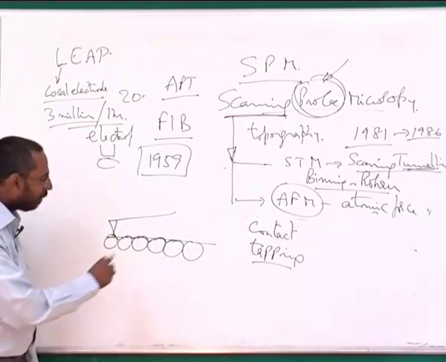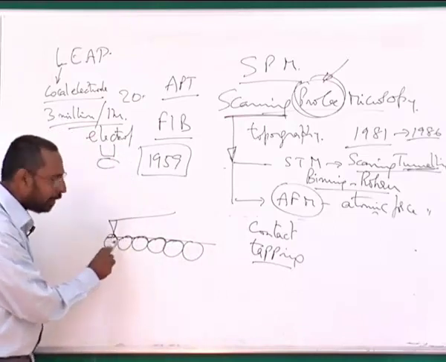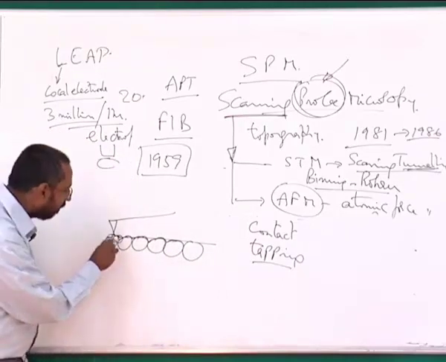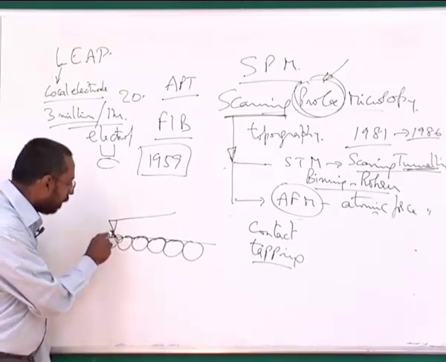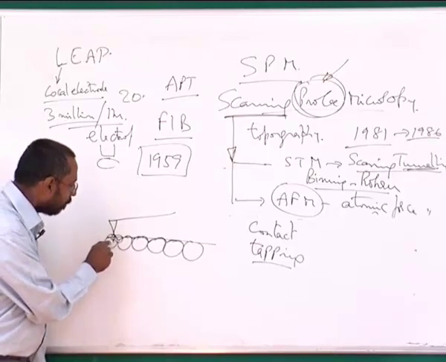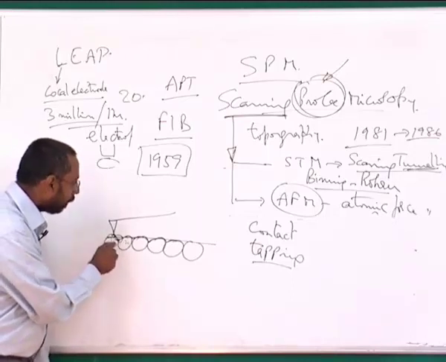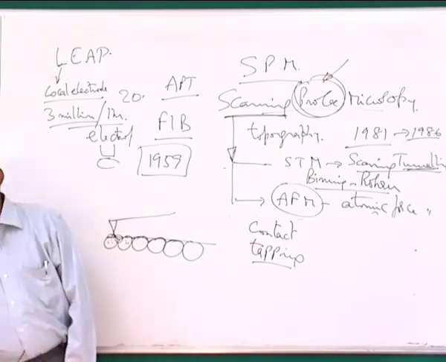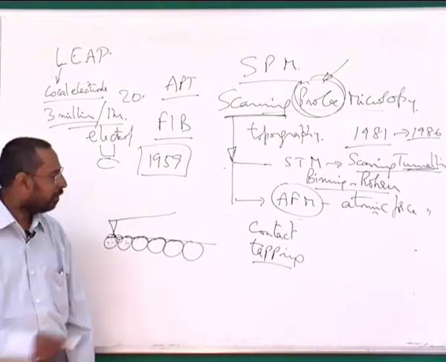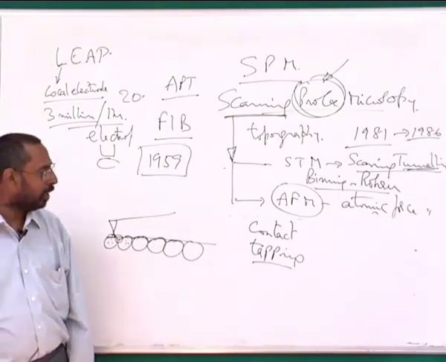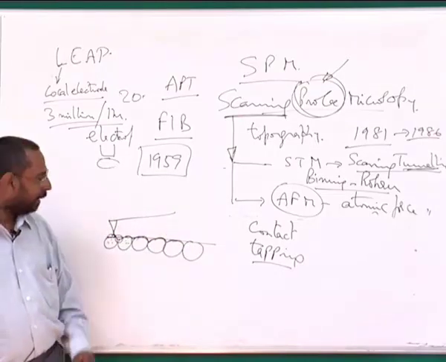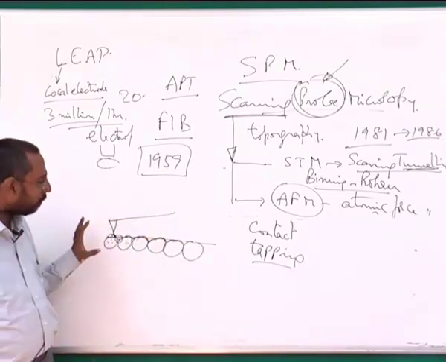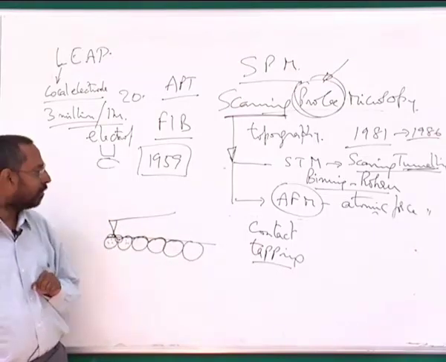When it is moving on the surface, the moment it moves between two atoms, it sees that there is a depth there, because the force between the tip and the atom changes when it comes to a region where the atom is not there. So this is something which people are able to see, and get information about these forces, and use this information to understand the microstructural features of the surface.